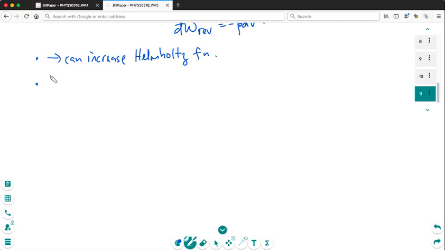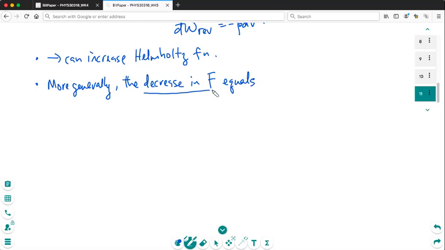So if you have a decrease, more generally, if you look at your thermodynamic system, and you find that the Helmholtz function decreases, the F drops by some amount after a certain time, this has a straightforward interpretation. This drop, the decrease in F, is the same as the maximum energy that can be free.